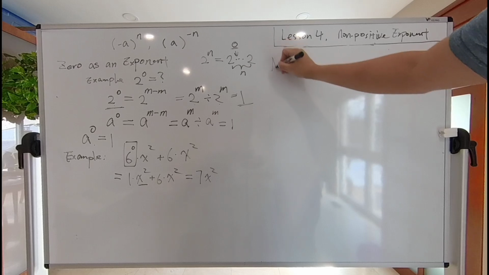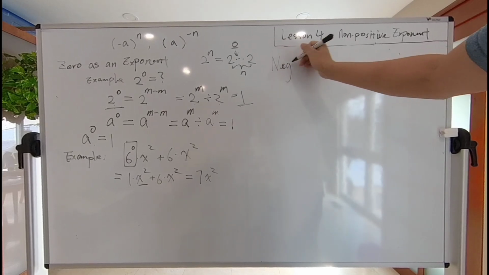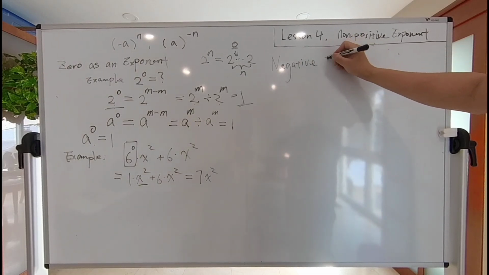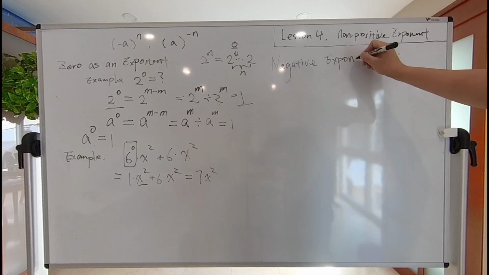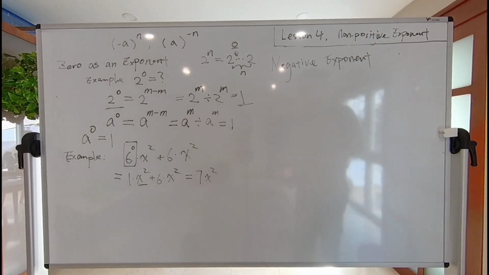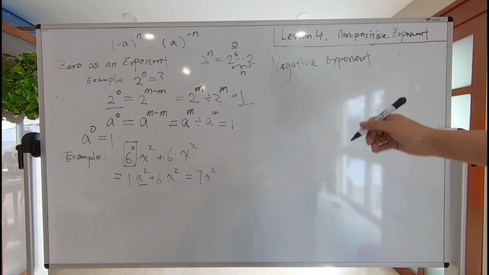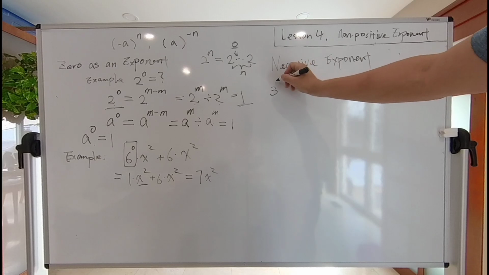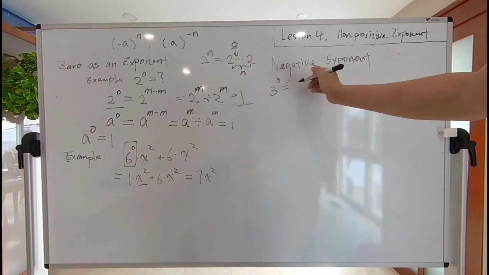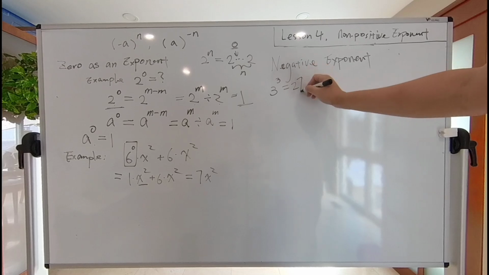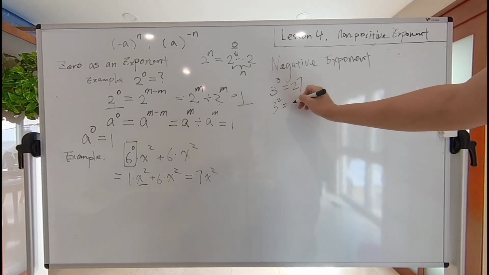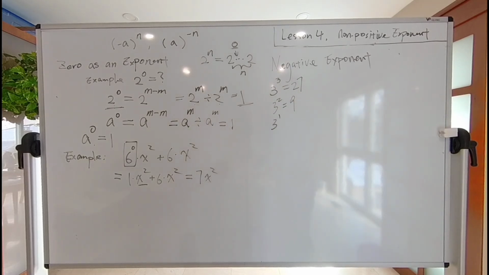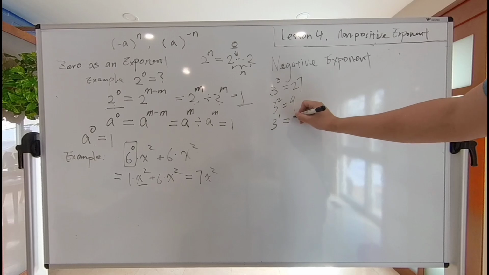Okay, now after seeing the special case of 0, let's take a look at the negative exponents. Let's still start with some examples, for example, base 3. 3 cubed is 9 times 3, which is 27. 3 squared is 3 times 3, which is 9. 3 to the first power is 3 itself, right?